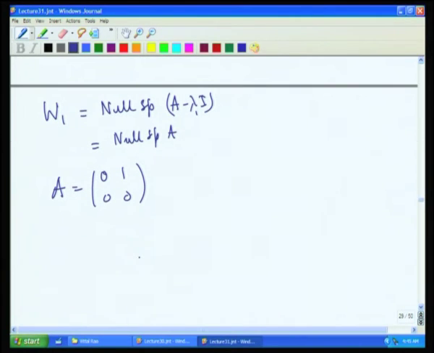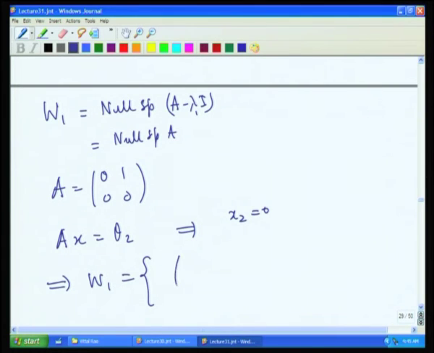To find the null space, we must solve the equation A x equal to theta, which gives us x 2 equal to 0. That is the only equation, and therefore W 1 consists of all vectors for which x 2 is 0 and x 1 can be anything.